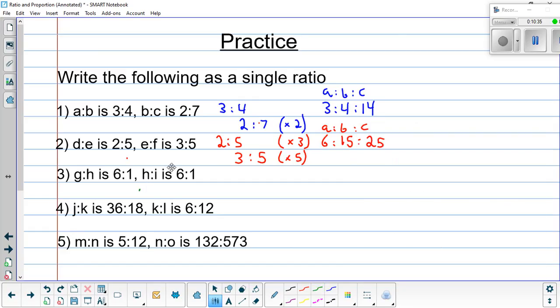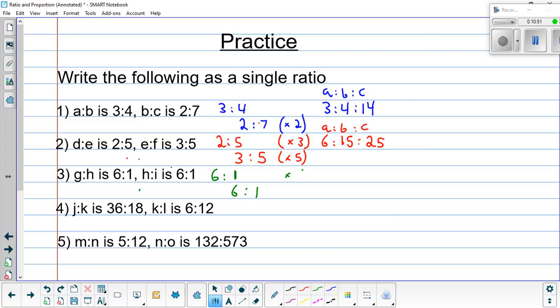So next one, we're doing 6 to 1, and that's G to H. And then H is 6, and then 1 over here, right?